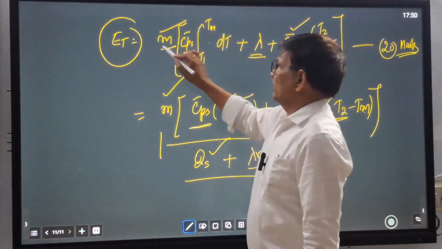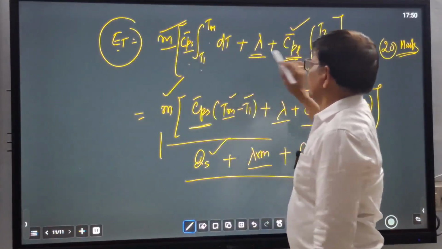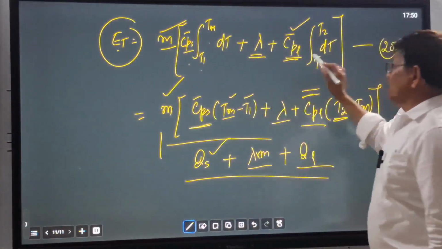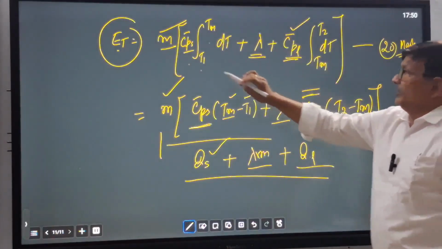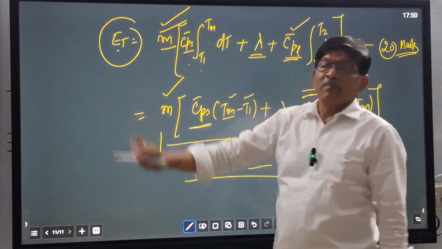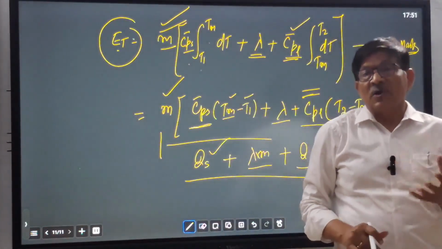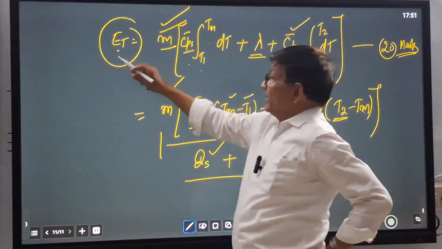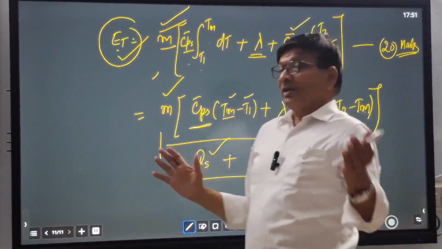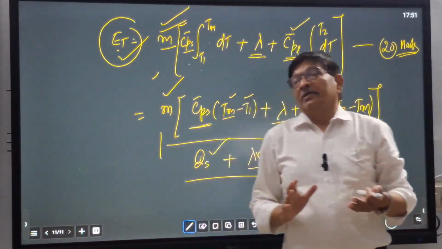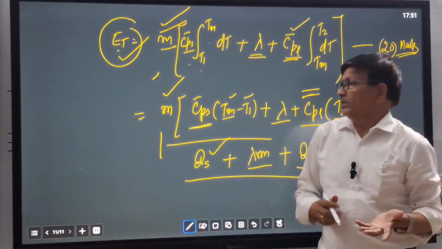If the energy is given along with T1, Tm and T2, the melting point and lambda, then you can find out m, the mass of the energy storage material required to store that amount of energy. I think this topic is interesting, simple, easy and clear now.